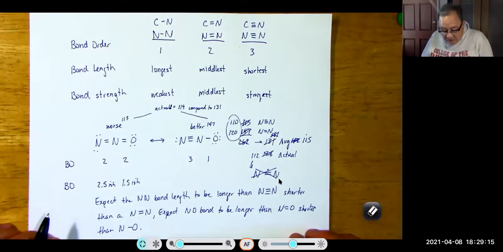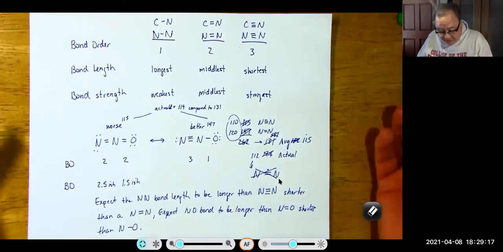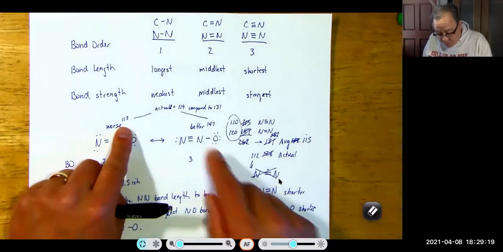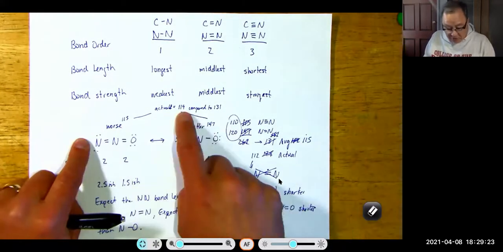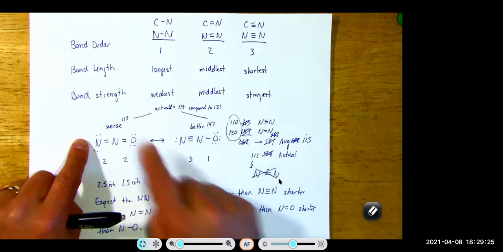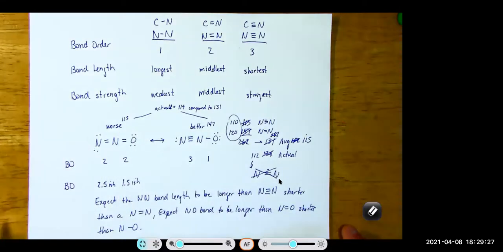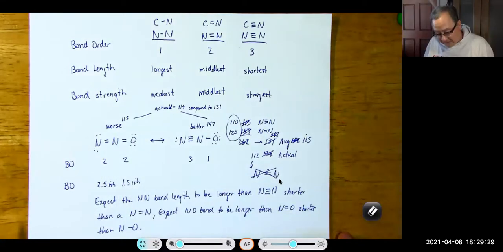So, the only thing you can really say about this one is, well, golly gee, it is between these two numbers, but in this case, it's a whole lot closer to that one, right? Yeah. So our guess of 131 would be kind of a little off. We'd be better off guessing, oh, it's more like the double bond.